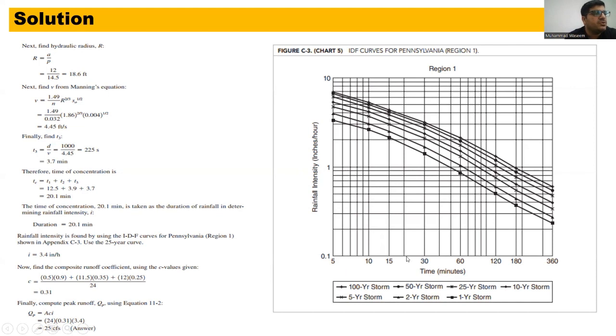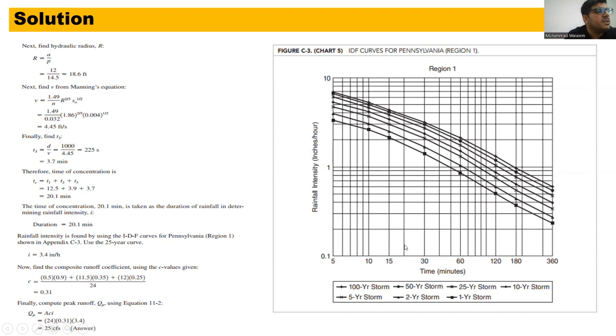We have time of concentration, let's say 20.1. Just consider it more or less 20, and then you can find it is somewhere. This is the line of the 25-year storm, because these are difficult to distinguish.